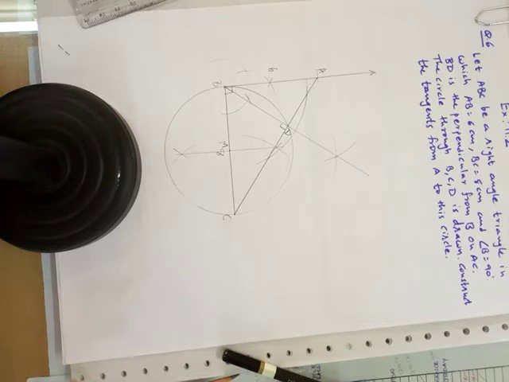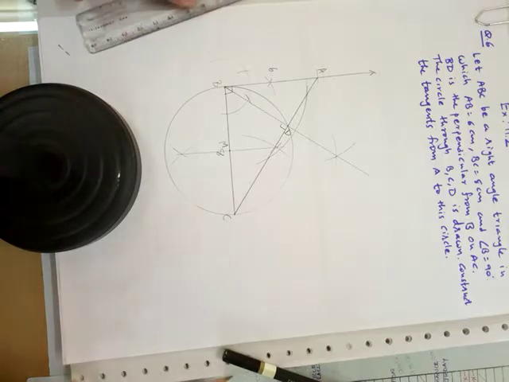Now we have to draw two tangents from outside point A to this circle. For that we have to take the outside point A and the center of this circle and join them.